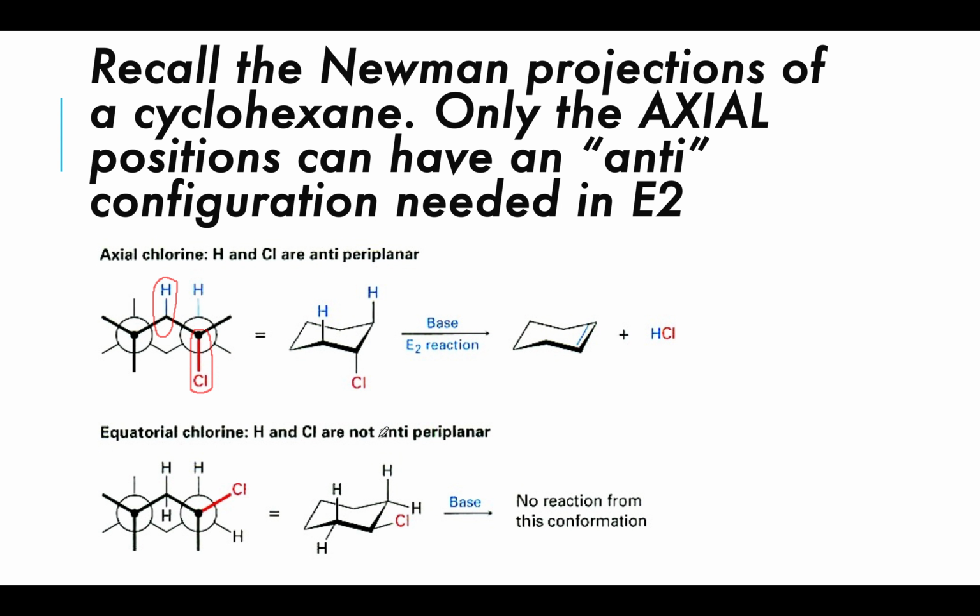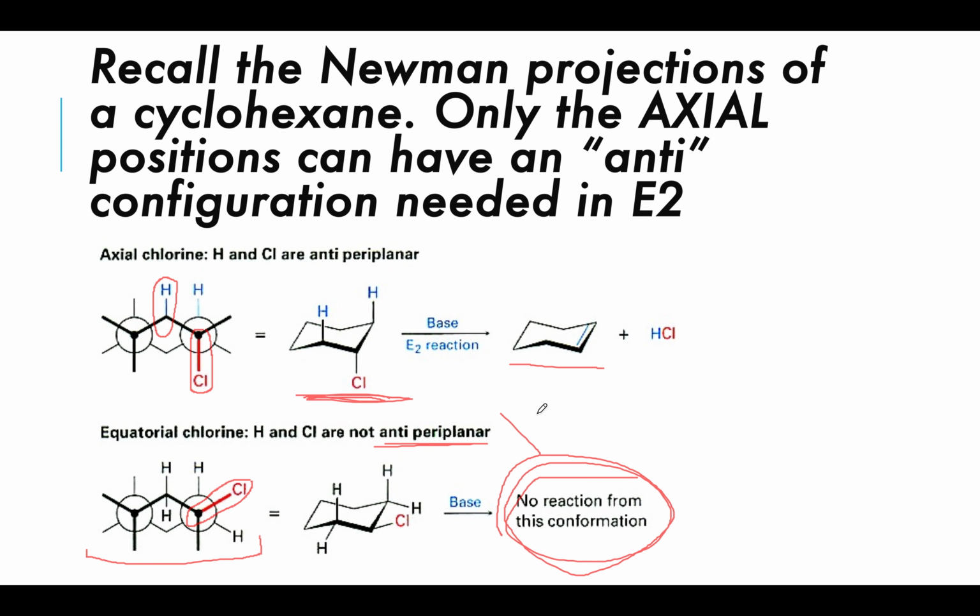Note that this means it needs to go into the high energy state, or the unstable state, if your leaving group tends to be bulky. So this is the form that will undergo the E2 reaction. Note, if you have the more stable version of this molecule, your leaving group is in the equatorial position. This is totally unreactive because you can never have that anti-periplanar or anti-coplanar requirement for an E2 reaction.